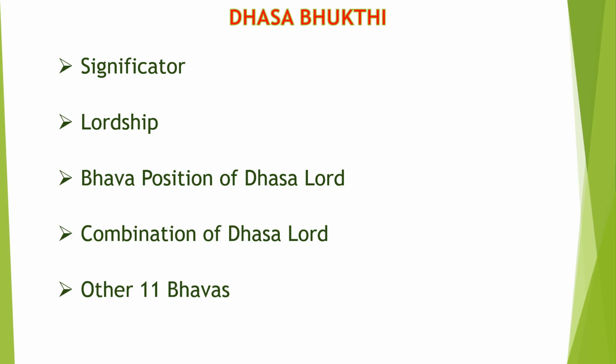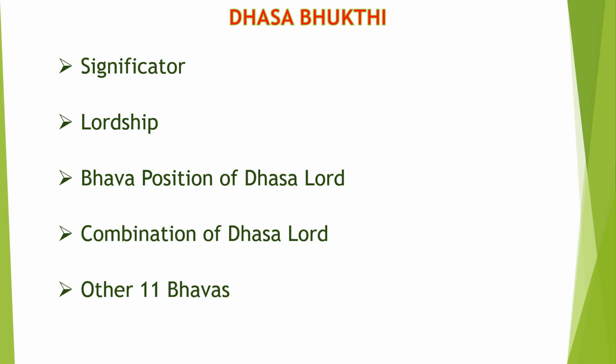Here Jupiter will give its significator benefits to the person, like good characteristics, name, fame, teaching ability, and like this all the benefits of Jupiter will be experienced by the person.